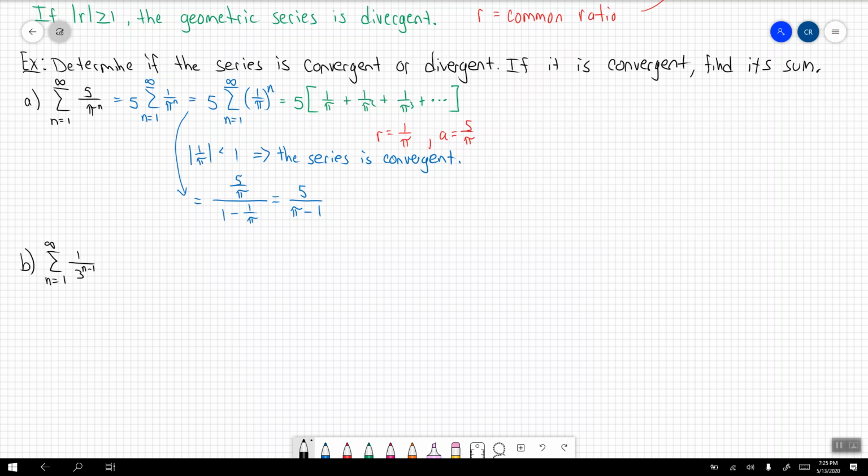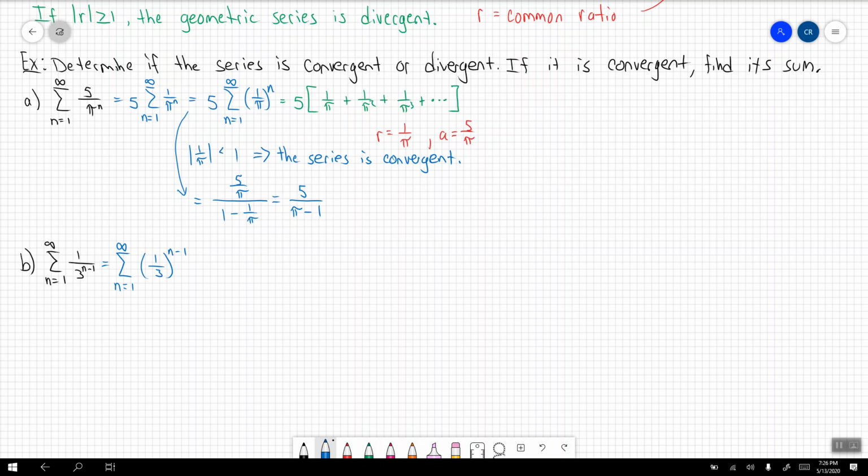Notice there's nothing that I can really factor here, so I'm going to keep this as is. The only thing I am going to do is rewrite this differently, as 1 divided by 3 raised to the power of n minus 1.